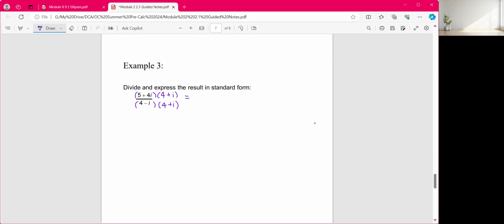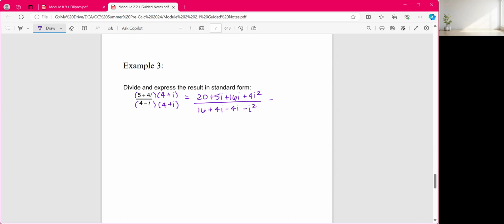So I'll have 5 times 4, 5 times i, 4i times 4, 4i times i, all over 4 times 4, 4 times i, negative i times 4, minus i squared. And next, what we'll need to do is combine like terms, simplify where we can.